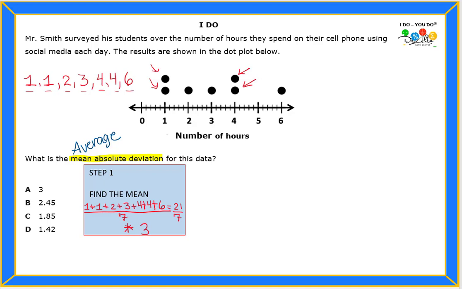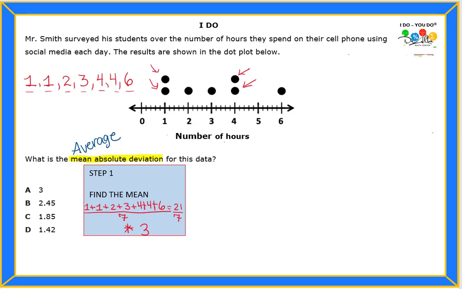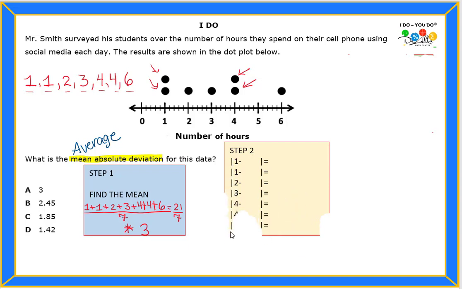So what is it that I'm going to do next? We are doing step 2, right? Anybody remember what to do in step 2? Anyone? No? Okay, so in step 2, basically, we are going to find the difference between my data and the average that I found in step 1.